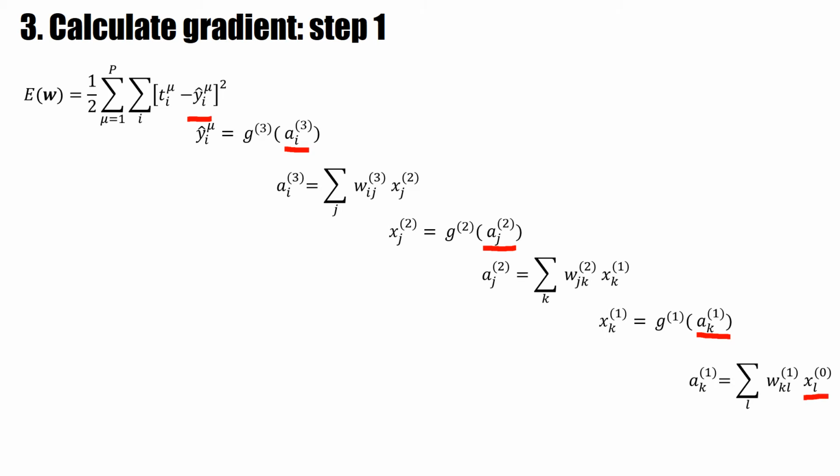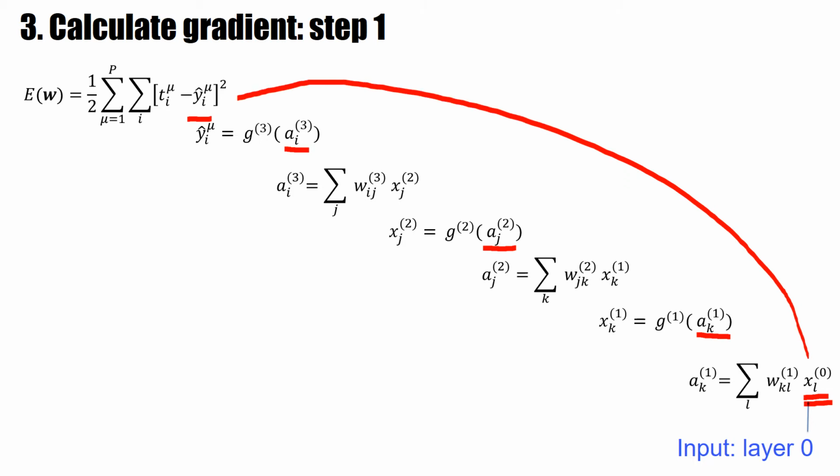And this is really the input into the network. This is where we apply the pattern. So the input is connected to the output by this rather complicated function that has many compositions, many insertions. And if you apply the chain rule, you have to apply the chain rule many times in a sequence.